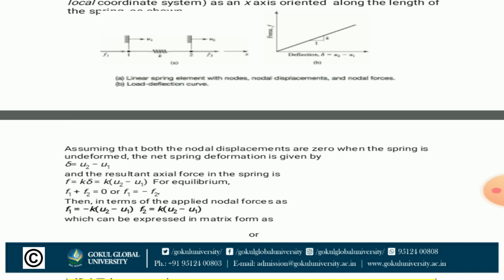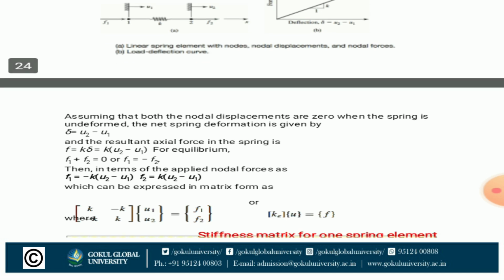From the basic equations we can summarize all the points and express them as a matrix, K bracket, minus K, K, and in another matrix the coordinates U1 and U2 and F1 and F2.